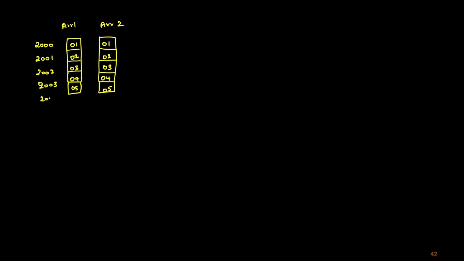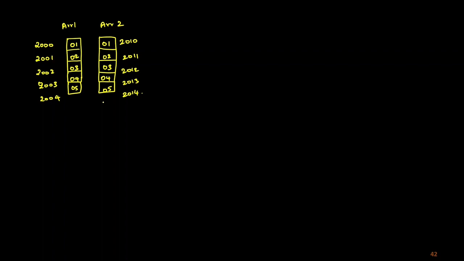So this memory location is going to be 2004. The second array can start from the memory location 2010, 2011, 2012, 2013 and 2014. These are random memory locations which I want to choose. You can choose whatever memory location you want.